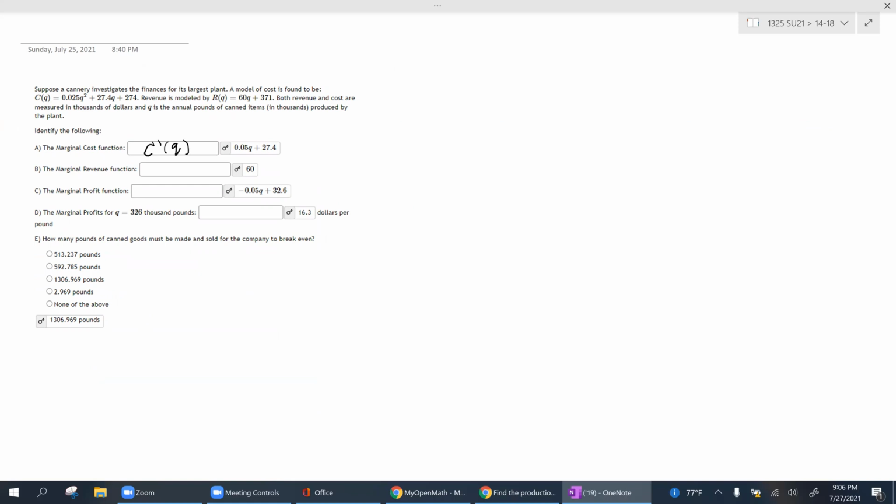If you're asked to find the marginal revenue function, this would be the derivative of R. And if you're asked to find marginal profit, marginal profit is equivalent to revenue minus cost.